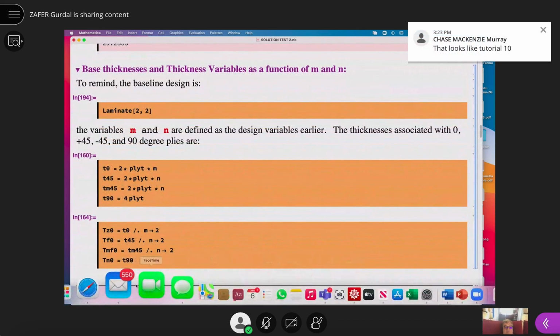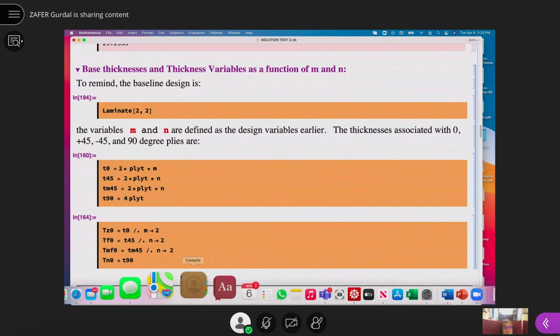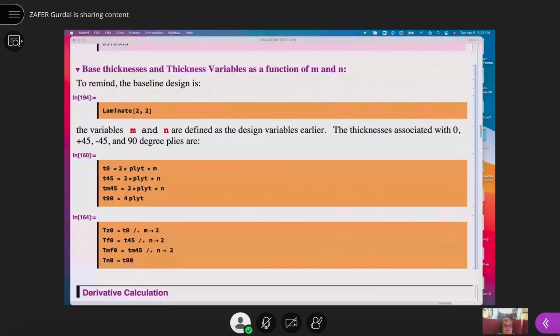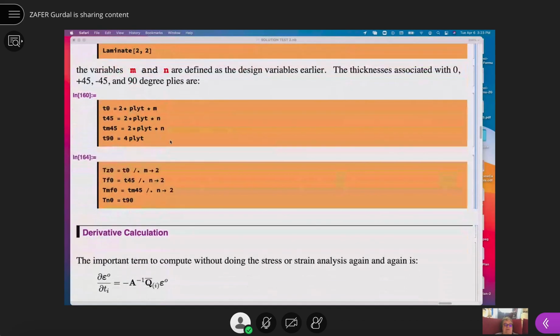Okay, let me see. Somebody knows what I'm doing or what I'm doing wrong. That looks like tutorial 10. Yes, that looks like tutorial 10 to me as well. It's true. I thought I went further than this.